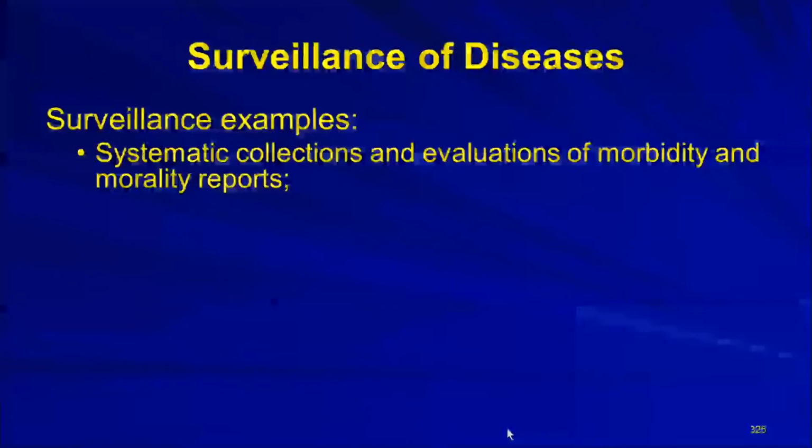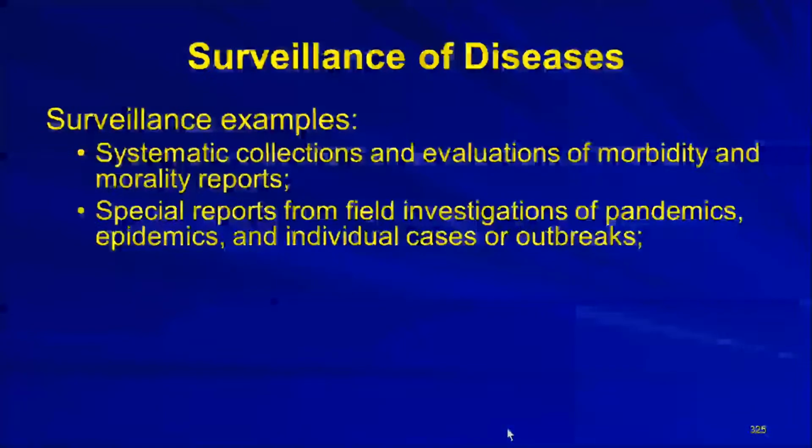I want to give some surveillance examples. So we have, as I mentioned, systematic collection and evaluation of morbidity and mortality rates. We talked about the MMWR. We have special reports from field investigations of pandemics, epidemics, and individual cases or outbreaks.